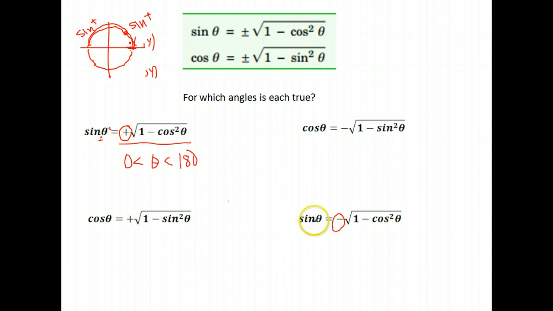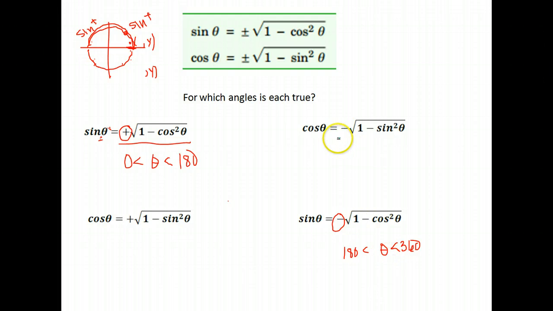So for what values would sine theta equals negative root 1 minus cosine squared work? Well, that would be for angles down here in quadrants 3 and 4. So that would be from 180 to 360, or again, if you're working with pi, between pi and 2 pi.